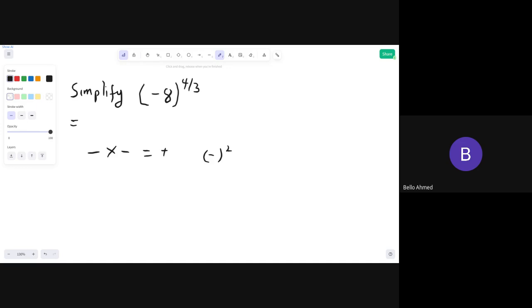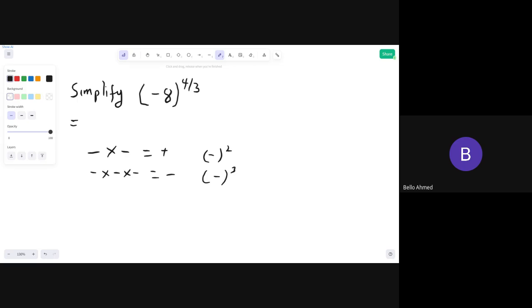So here, if you have minus times minus times minus, you know minus times minus is going to give you plus, and plus times minus is going to give you minus. So this is the same thing as minus raised to the power of 3.